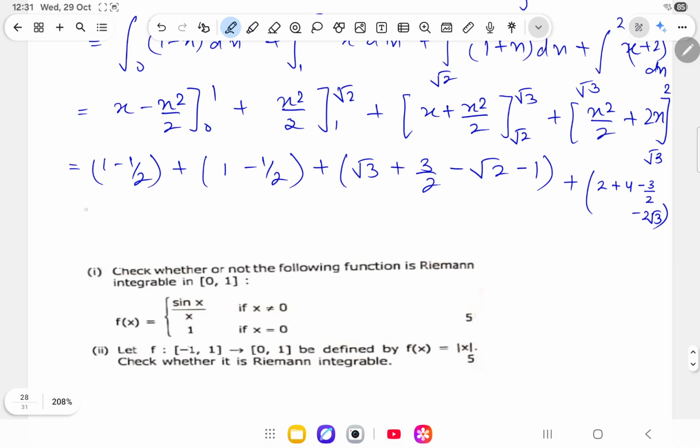and it simplifies to 1 plus square root of 3 minus square root of 2 plus 1 by 2 plus 2 plus 4, 6 minus 3 by 2 minus 2 root 3, and that simplifies to 6 plus 1, 7 plus half, that is 13 by 2, or it will be 15 by 2, sorry.